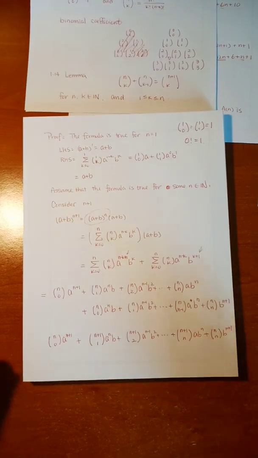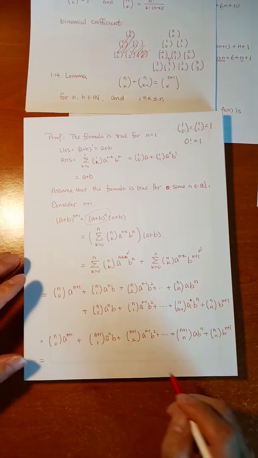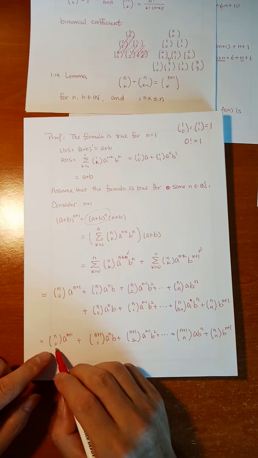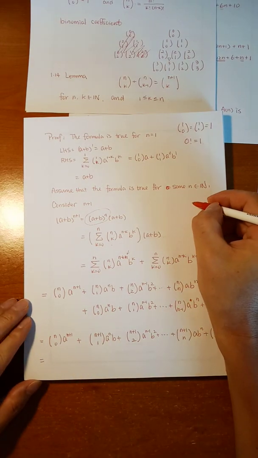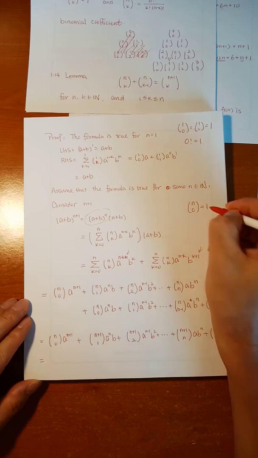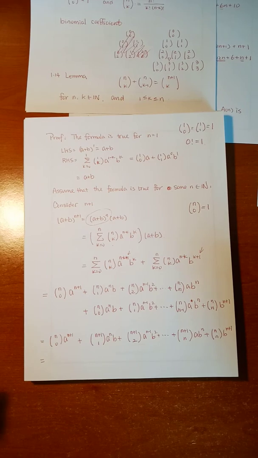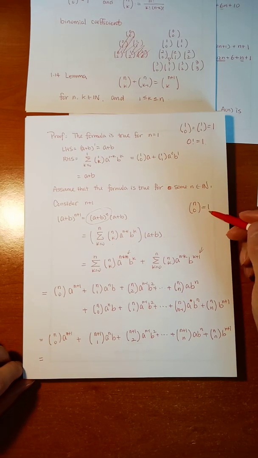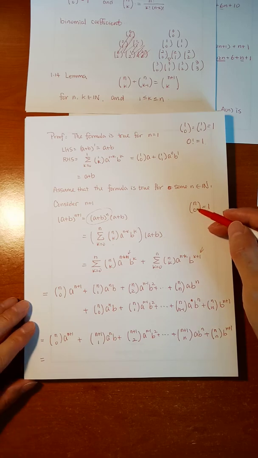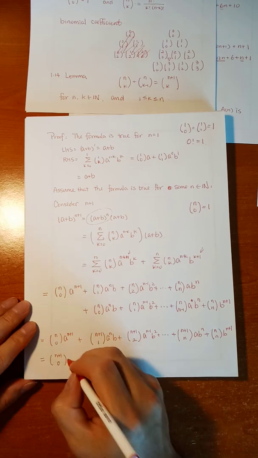All right? And then, okay, this is equal. Then next, n choose 0. You will see that for any natural number, n choose 0 is always 1. So here, instead of writing n choose 0, I'm going to write n plus 1 choose 0.